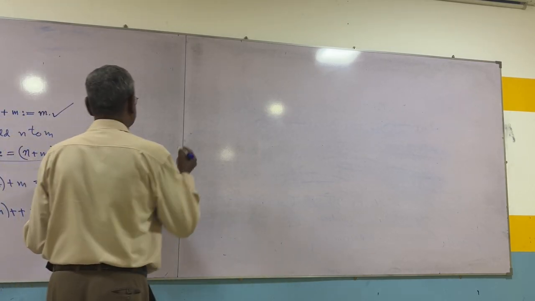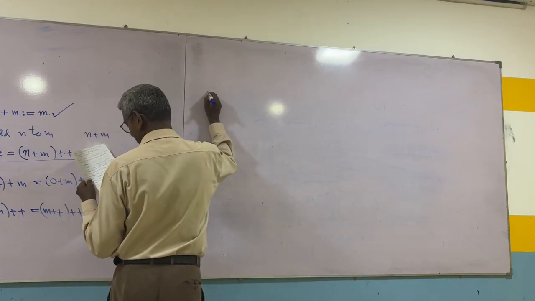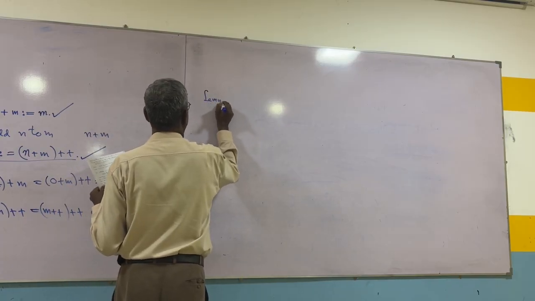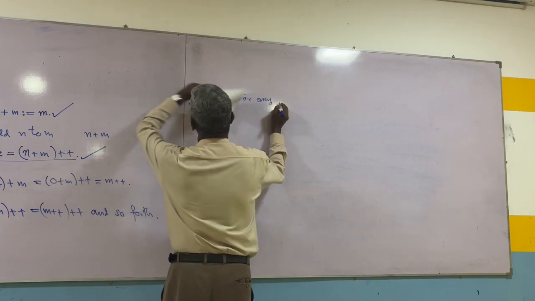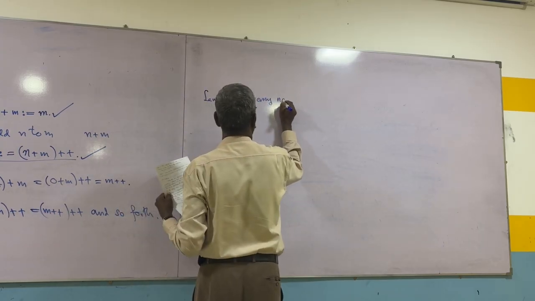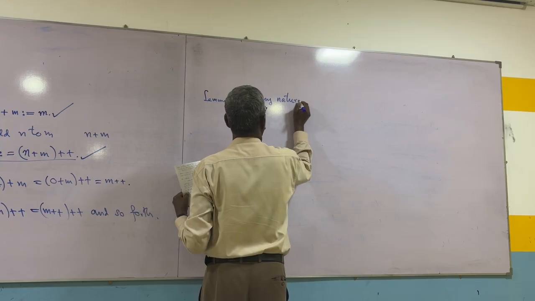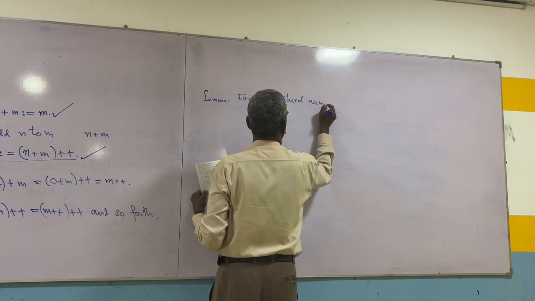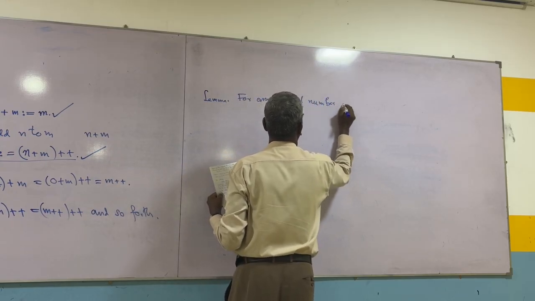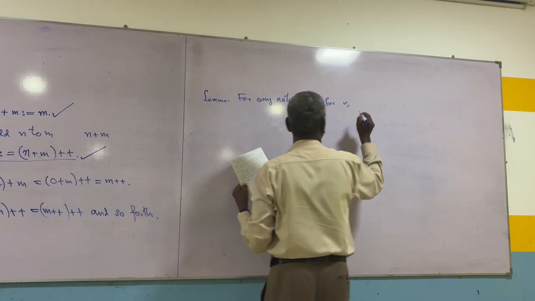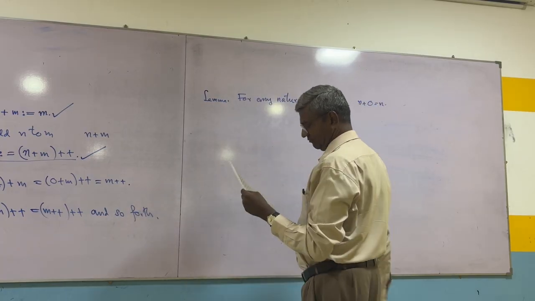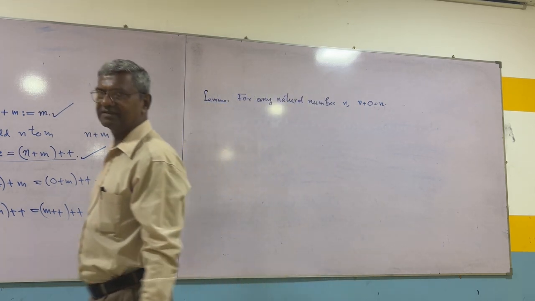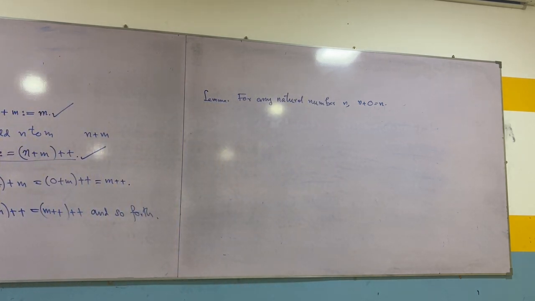For any natural number n, n plus 0 is equal to n.